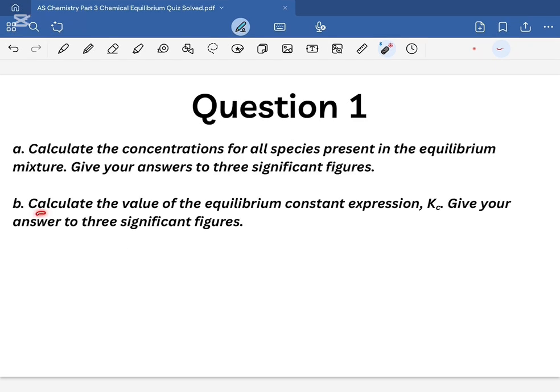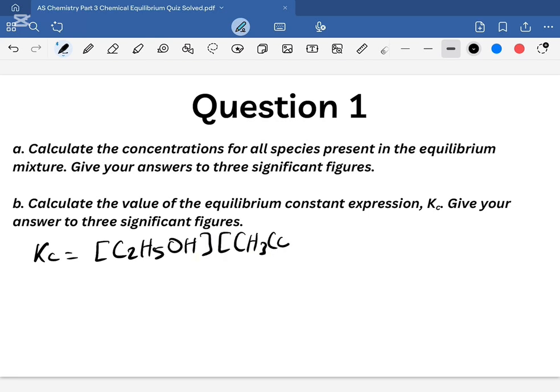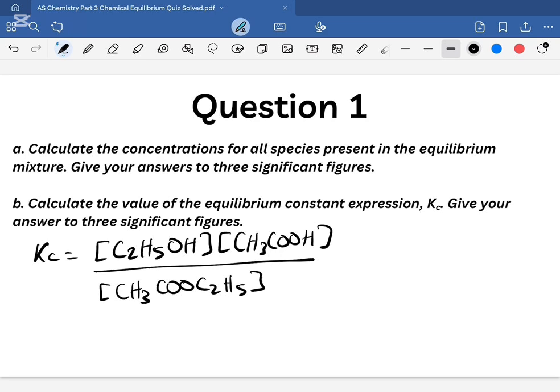Now they ask us to calculate the value of the equilibrium constant expression Kc and give the answer to 3 significant figures. Kc is going to be equal to the products over the reactants, and the reactants are the ethyl ethanoate and the water. We're just going to substitute.